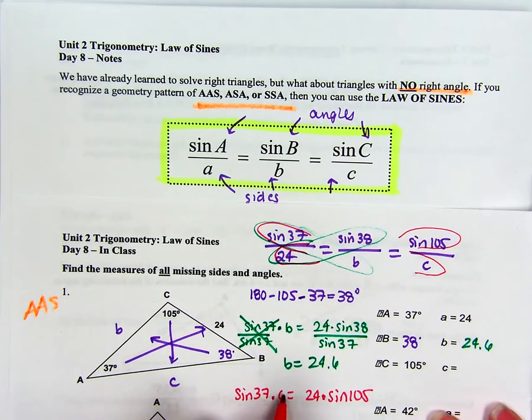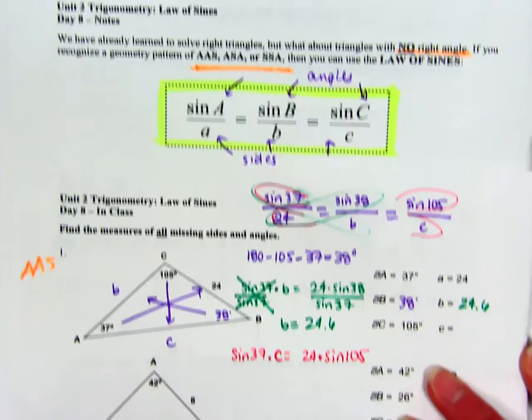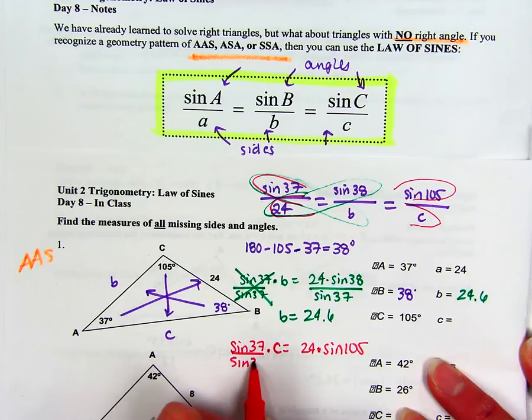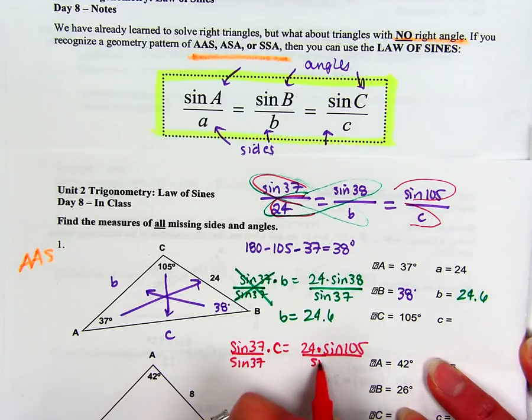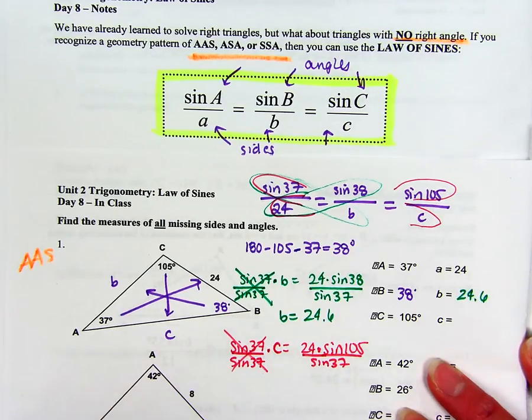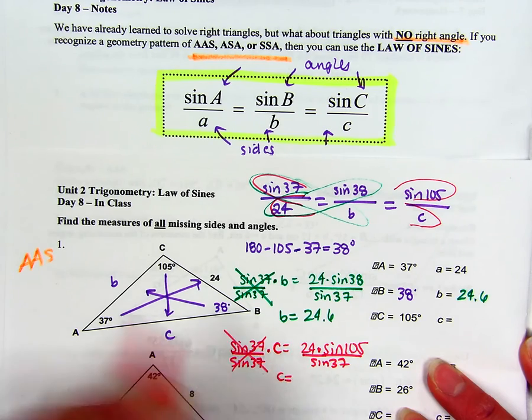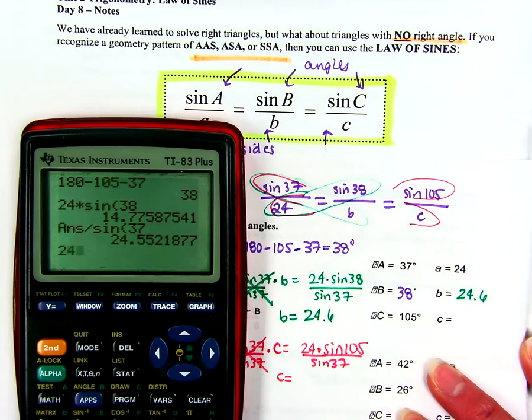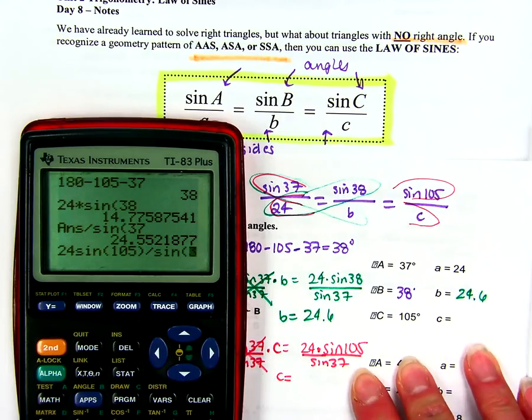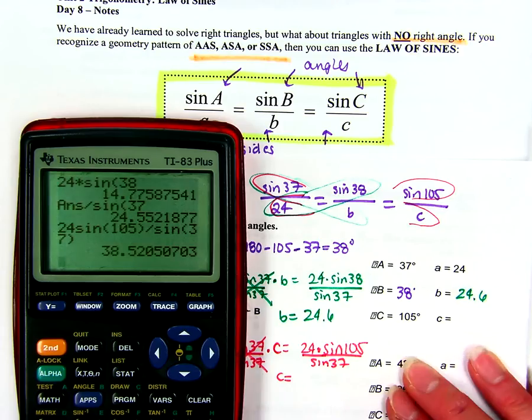All right, so now I just need to get C by itself, and to do that I just divide by sine of 37. So that cancels out here, and now I just need to use my calculator. So I'm going to do 24 times sine of 105. I could close the parentheses and then hit divide. Divided by sine of 37. Right, that gives me 38.5.